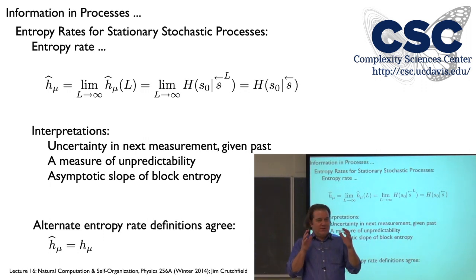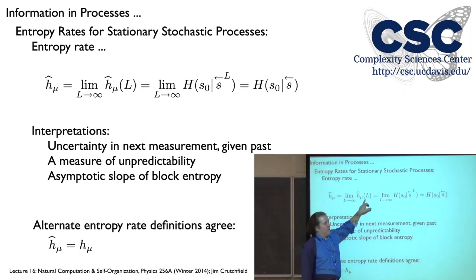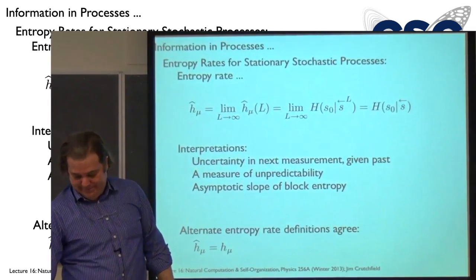I could just take the block entropy at length L over L, or I can calculate this conditional entropy given L minus 1 symbols in the past, try to predict the next symbol. Asymptotically, those will agree, but they can get to the asymptotic true value in different ways. In fact, this approximator converges much more quickly, and we'll explain why in a bit.